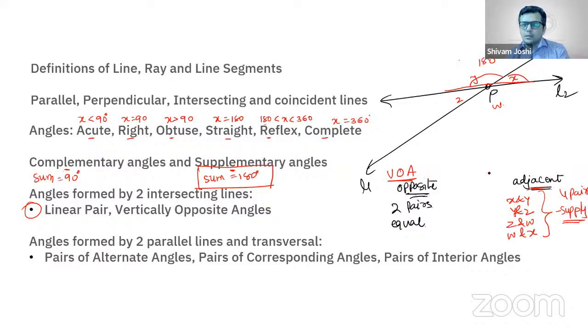The nomenclature here is angles of a linear pair. Why are they called angles of a linear pair? Because they make a straight line.